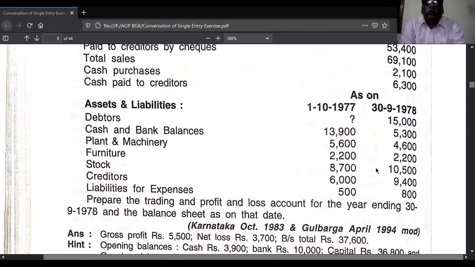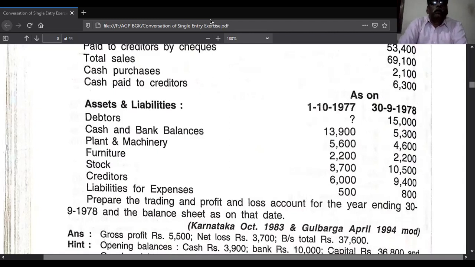Therefore, we prepare five accounts first to find out the missing information. Entries are to be made in these five accounts and closed at the end, not one by one. After making all the entries, you have to close.